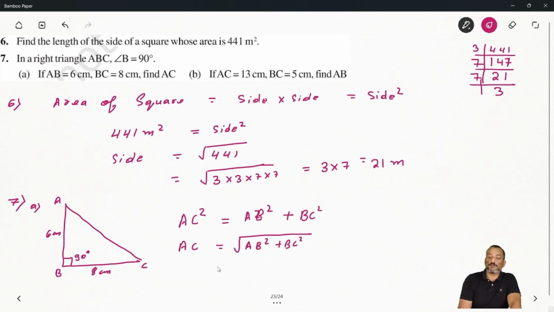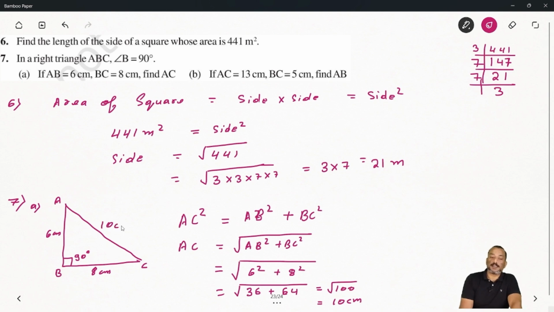AB square is 6 square and BC square is 8 square. 6 square is 36 and 8 square is 64. Adding them you will get 100. The square root of 100 is 10 centimeter, so this side is equal to 10 centimeter.